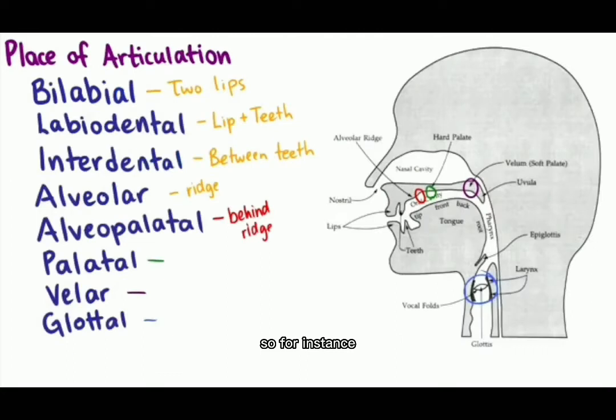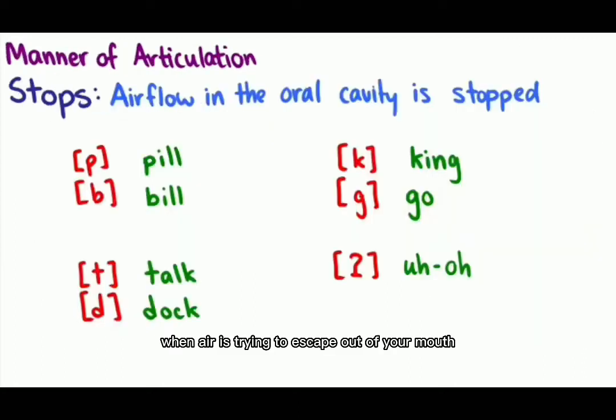So for a stop, airflow in the oral cavity is stopped. This means somewhere when air is trying to escape out of your mouth, it is held at some point and then it can't escape.